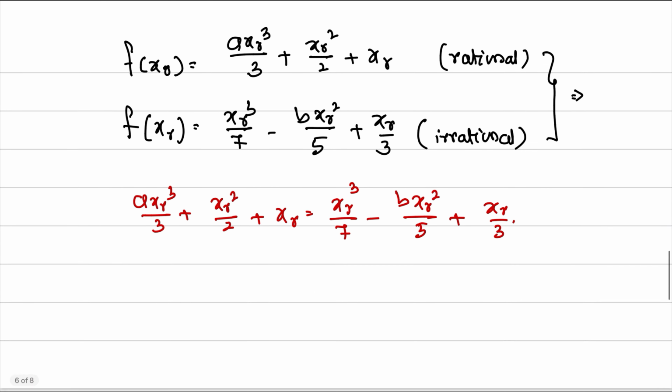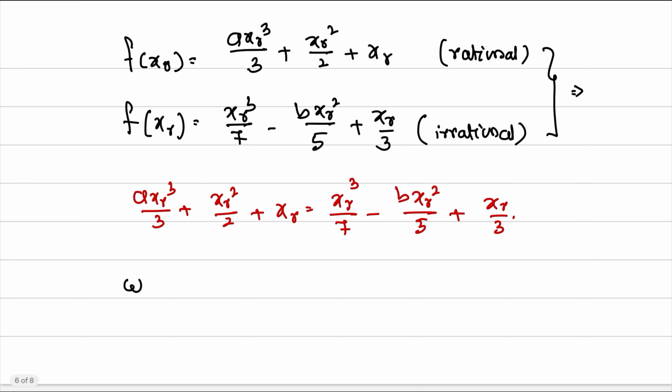Obviously, when xr is equal to 0, the right hand side is equal to 0 and the left hand side is equal to 0. That means at the point x is equal to 0, the function is continuous. Can we find out any other value of x?